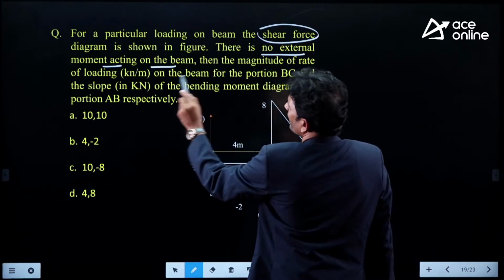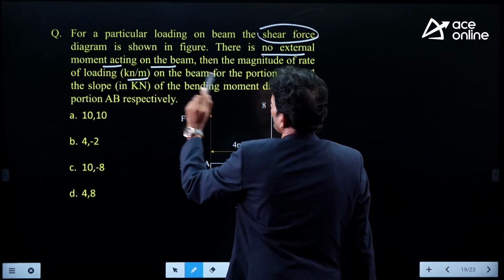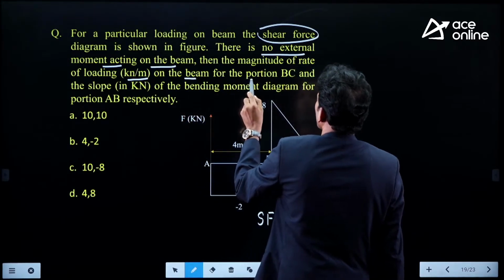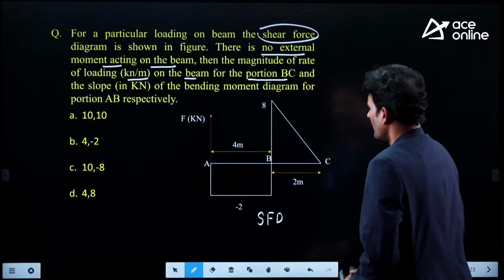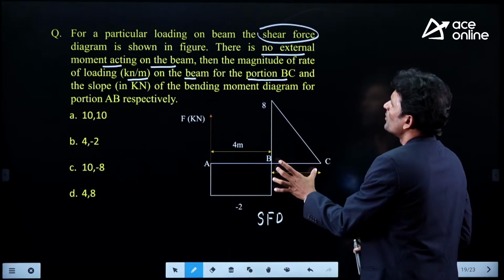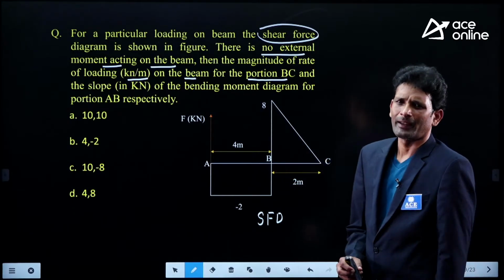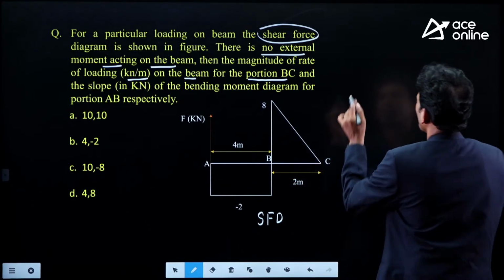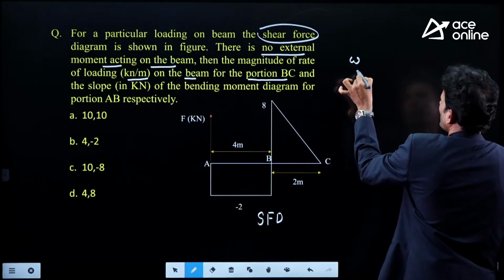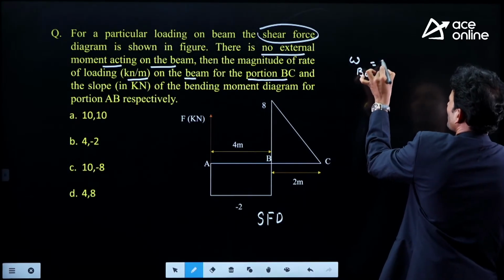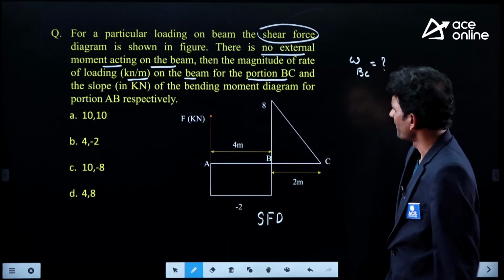Then the magnitude of rate of loading in kilonewton per meter on the beam for the portion BC. In part BC, how much rate of loading is acting? That is the first thing asked.